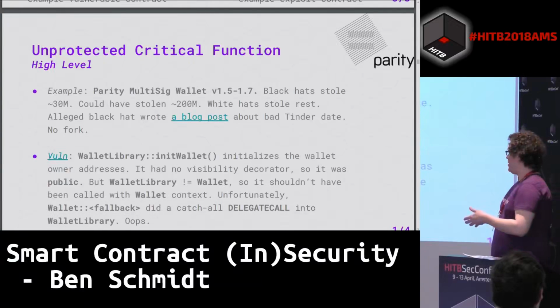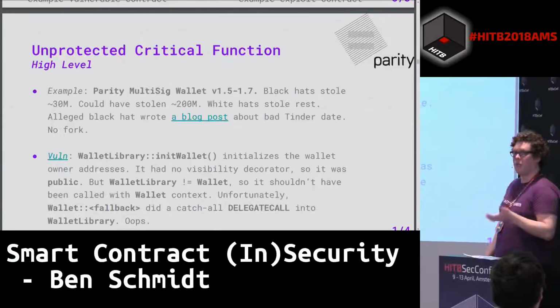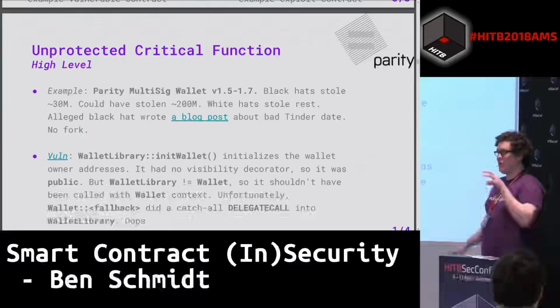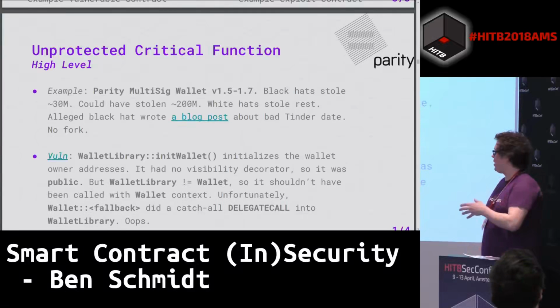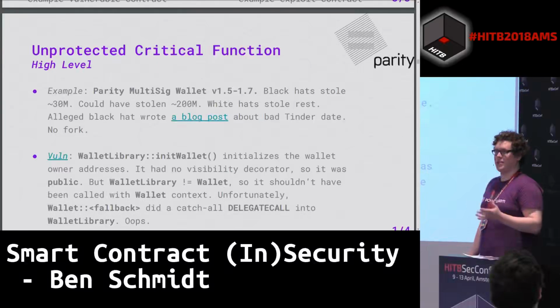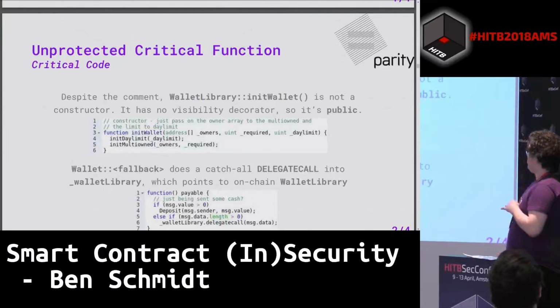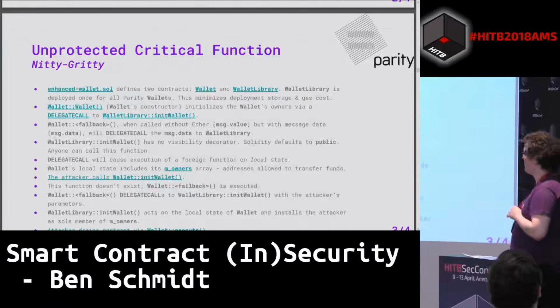So combining that with the delegate call in the fallback function in the original contract, you are actually able to call initWallet on any of these contracts, which allowed you to set yourself as the only owner of the contract and then withdraw all the funds. Because it's not private and it does this delegate call, you can see that you should be able to set yourself as an owner.